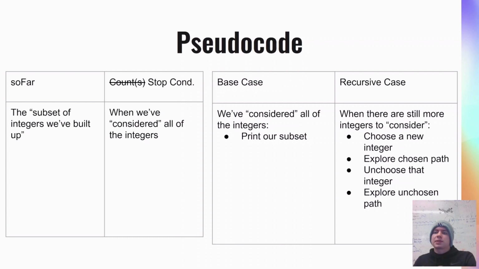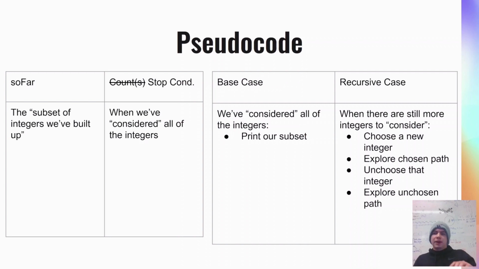Otherwise, we need to keep exploring and considering integers. When there are still more integers to consider, we want to choose a new integer, explore the chosen path, unchoose that integer, and then we also have the option of exploring what happens when we didn't choose that integer.